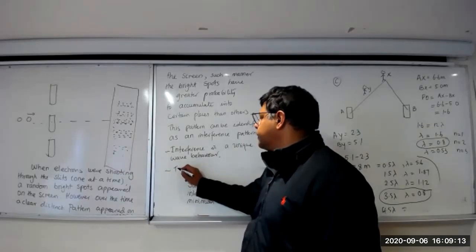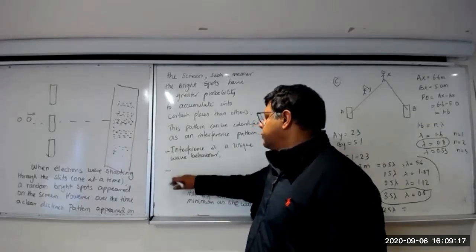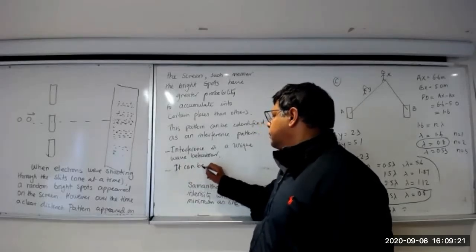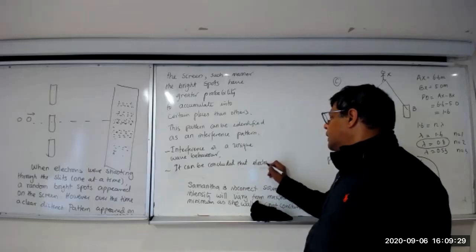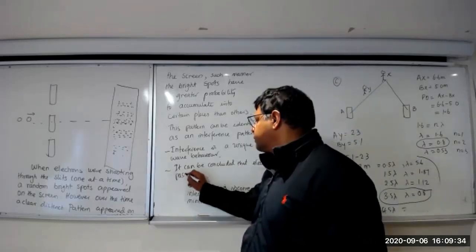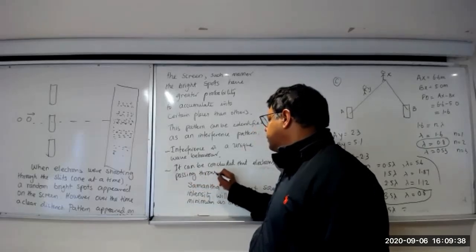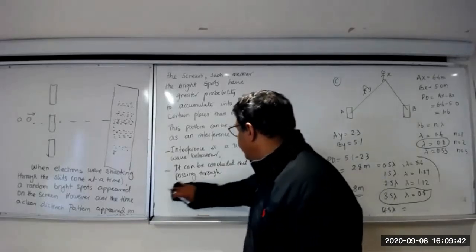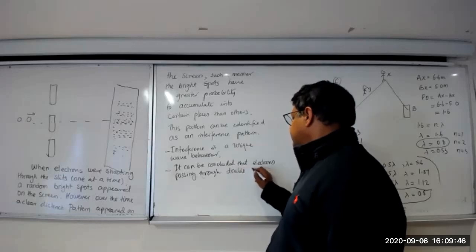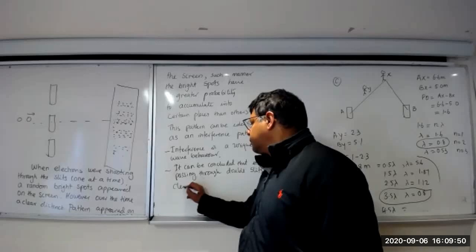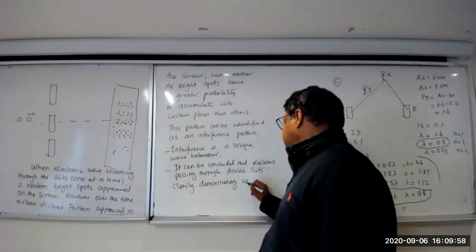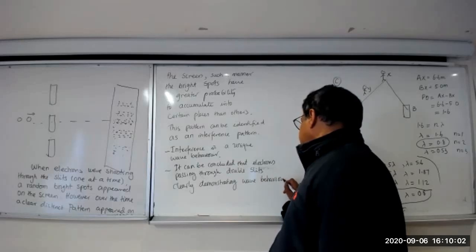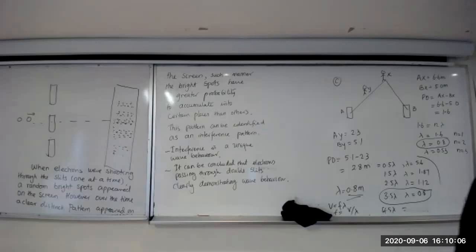Therefore, it can be concluded that electrons passing through double slits are clearly showing wave behavior, demonstrating wave behavior.